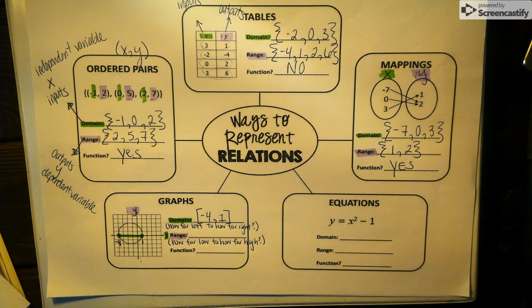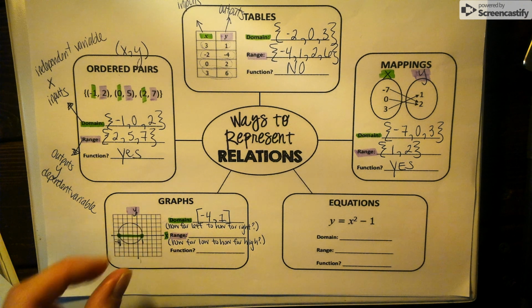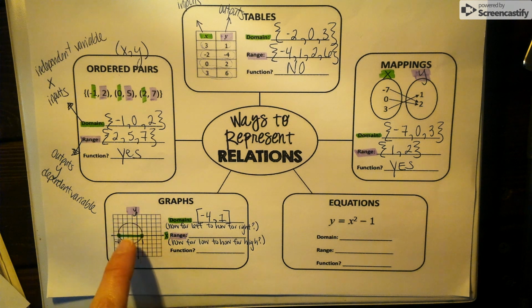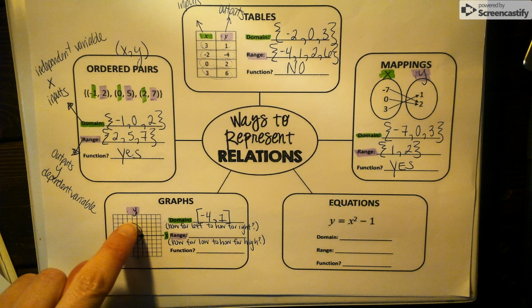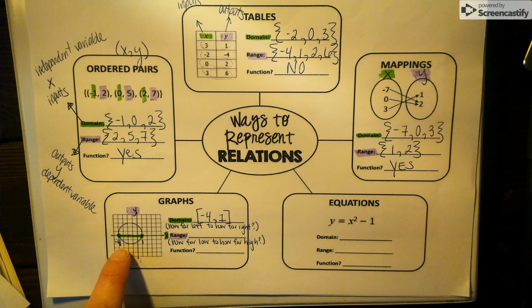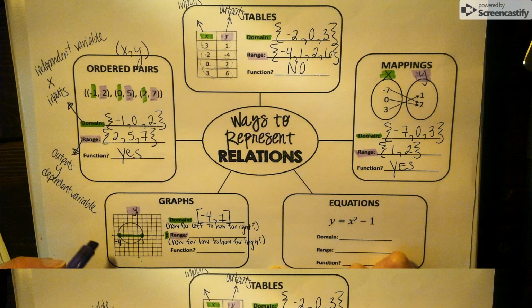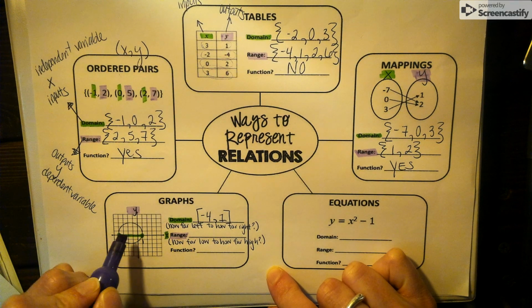So you really need to train your eye to look at a lot of things. You need to train your eye to look at the axes, and then you need to train your eye to look at the actual graph or the image that's being displayed on the coordinate plane. So when I look at my range, I'm looking at the circle graph again. I want to see what's the lowest point this graph goes to, and that is actually right at -2.